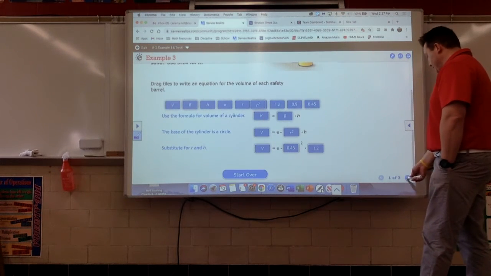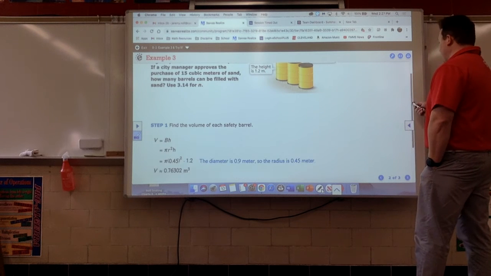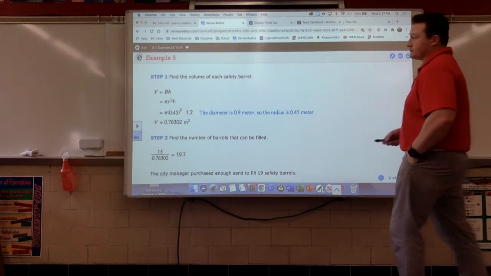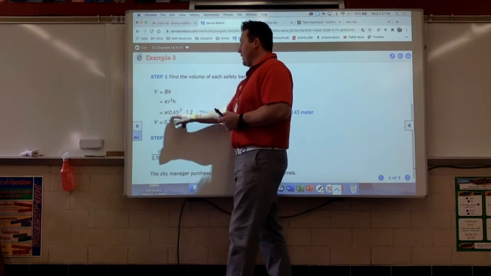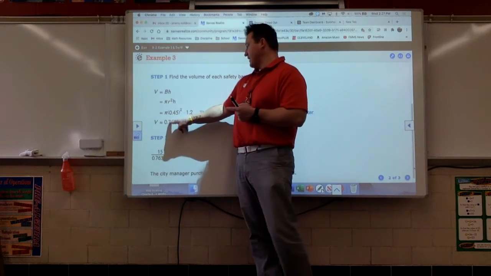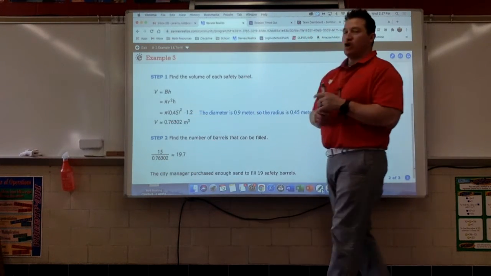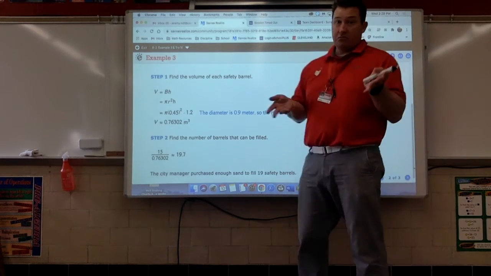At least I hope that we are. Okay? So they're going to actually calculate this for us now. Again, this is what we had just a second ago. So that means the volume of one of these barrels is 0.76302 cubic meters. That's how much sand it would hold. That's how much air it would hold.